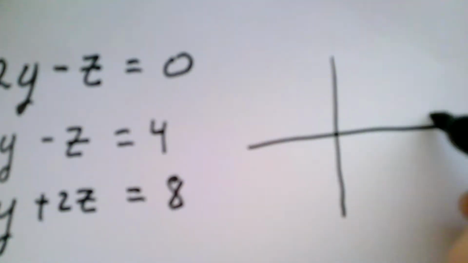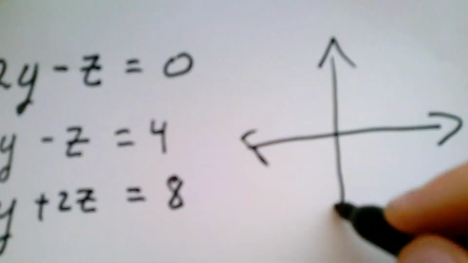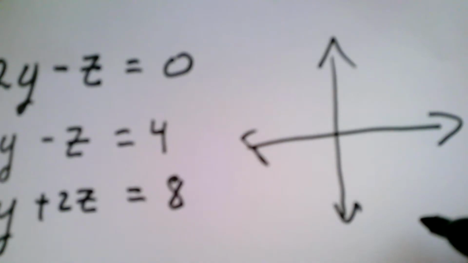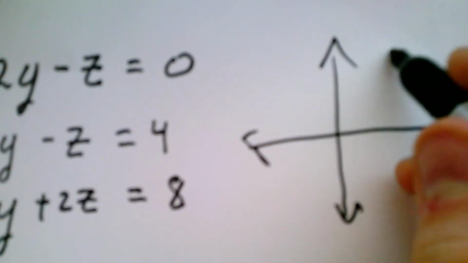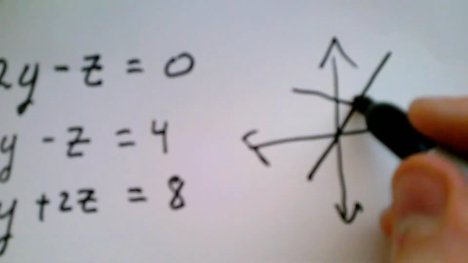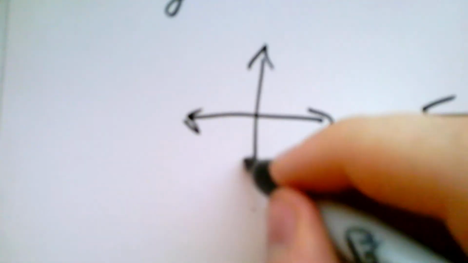So if I have just a regular y equals mx plus b, if I have 2 equations and 2 unknowns, I can either get 2 lines that cross at a point, or I can get 2 lines that do not cross at any point because they're parallel lines, or I can get 2 lines that actually are just the same line in 2 different equations.